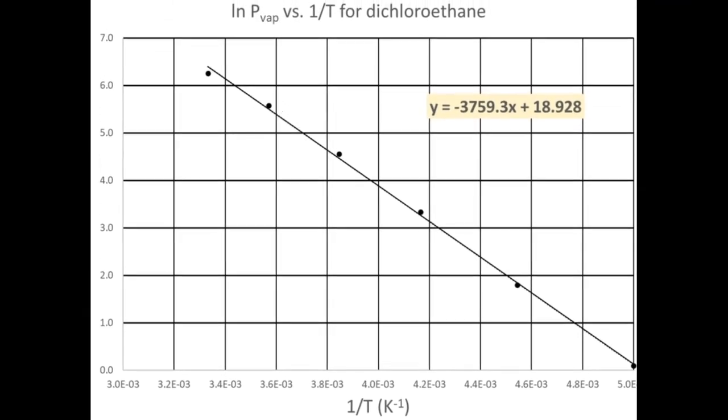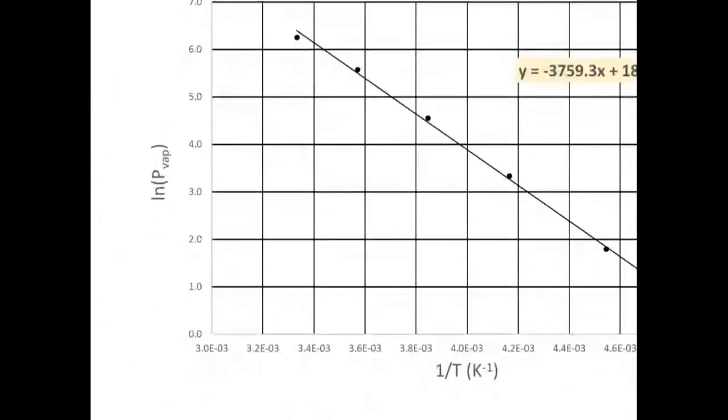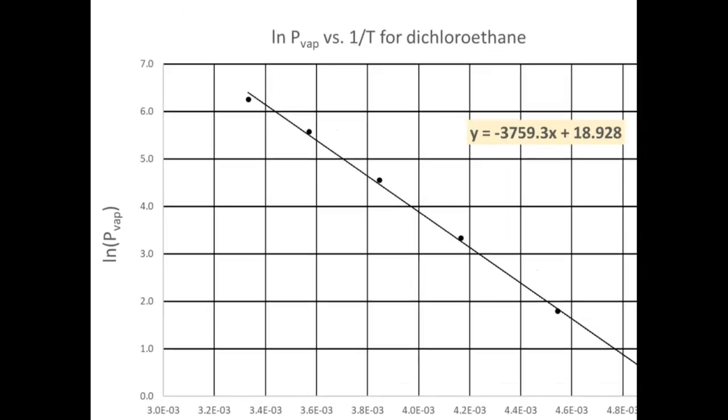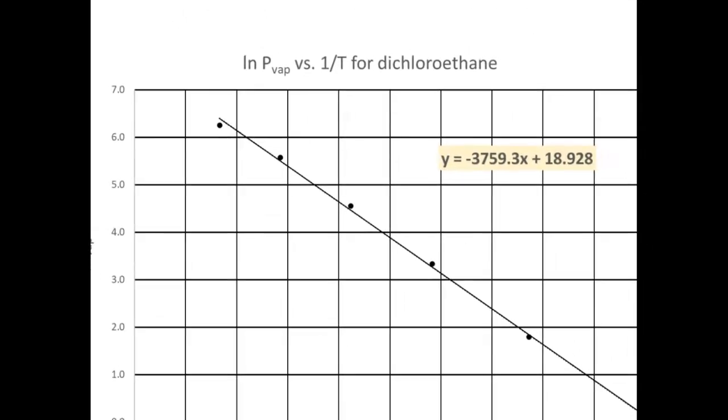All right, so here's the graph. And really the only piece of information you actually need to be given is the equation of the line, y equals mx plus b. What number is this?